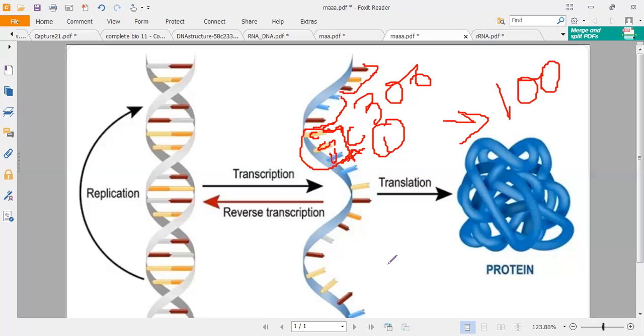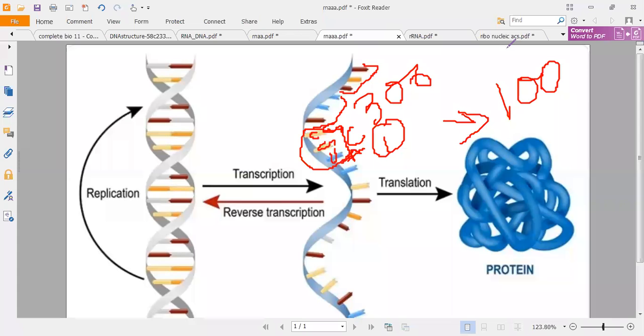Actually, in the cell we have the least amount of this, 3 to 4% of total RNA. When protein synthesis is required, messenger RNA is transcribed from DNA and carries triplets of codons which are attached with the transfer RNA.